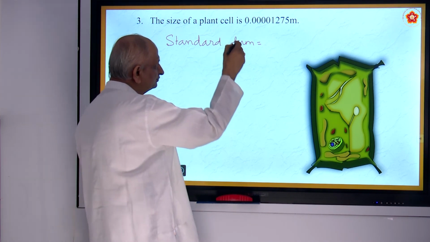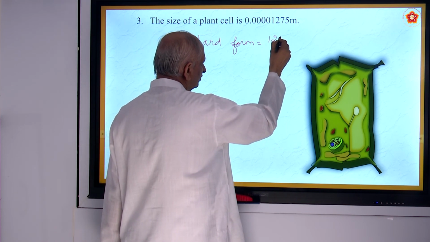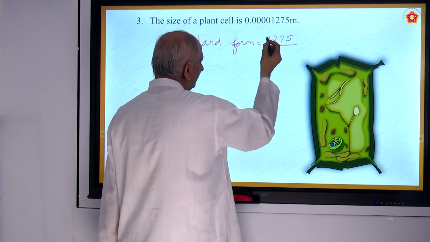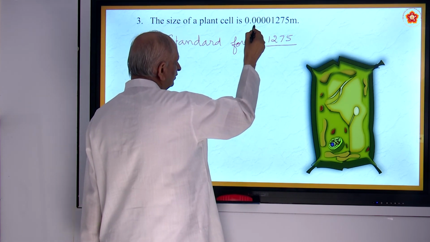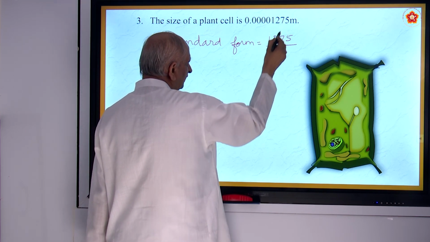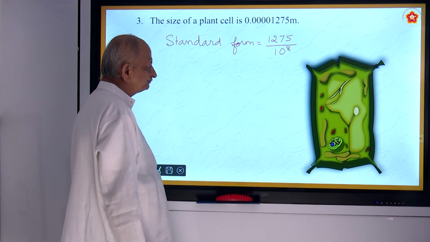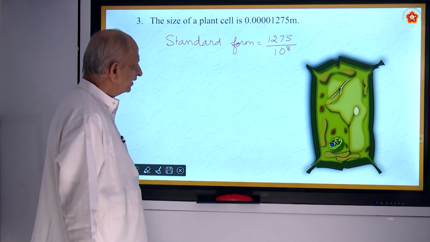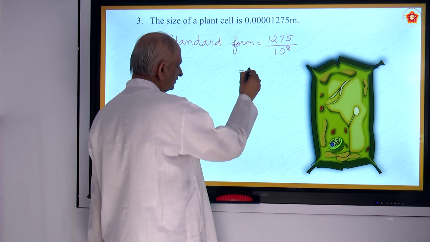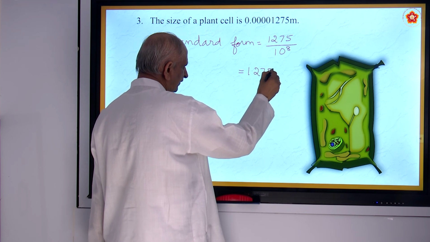So here you have the number 1275 divided by 1, 2, 3, 4, 5, 6, 7, 8. 10 to the power of 8. Right? That is decimal place. So by the law you can write it as 1.275.